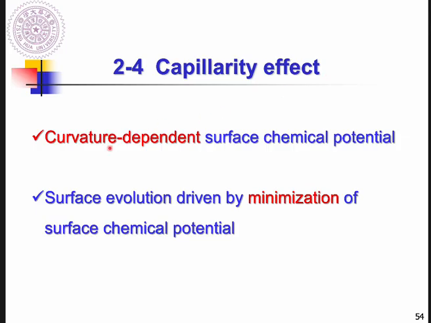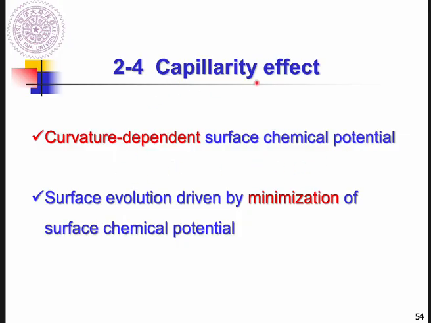Capillarity effect, as we mentioned before, is the curvature-dependent surface chemical potential. What this means is that as long as we have a curved surface, the atoms have a different surface chemical potential, and this difference in surface chemical potential will drive atomic transport.